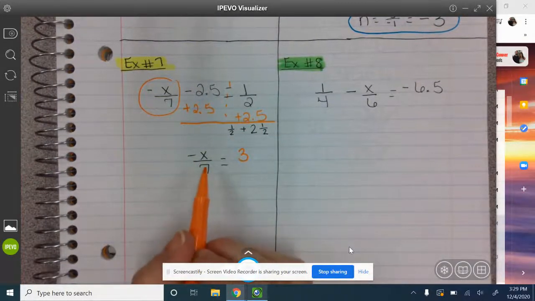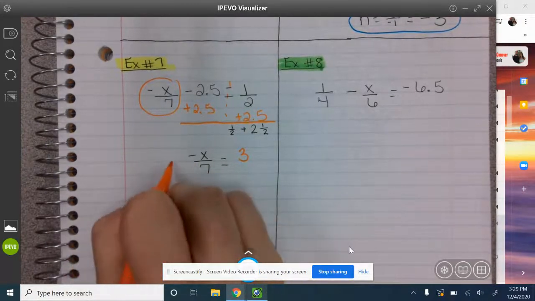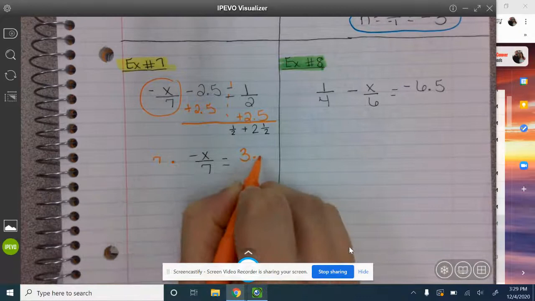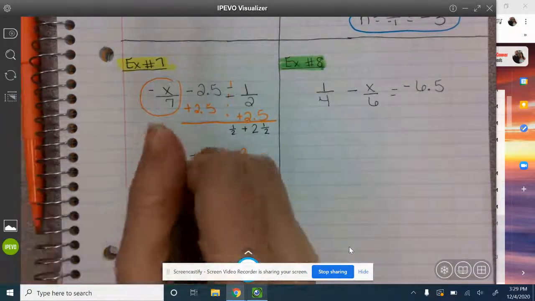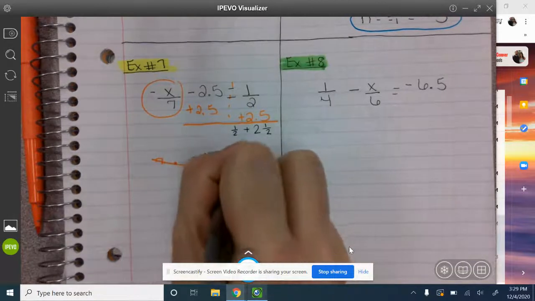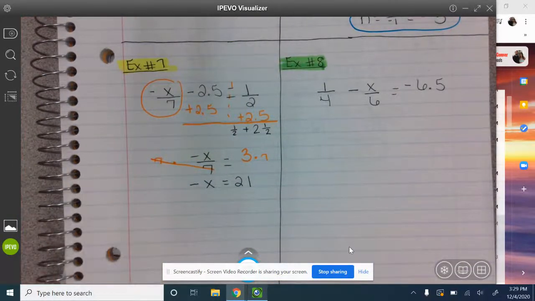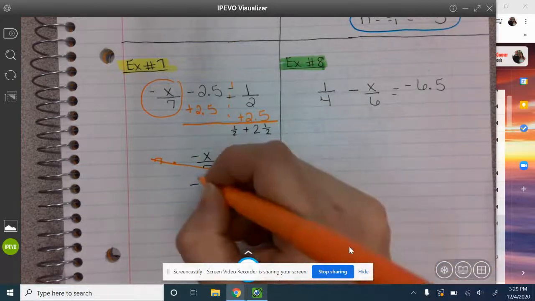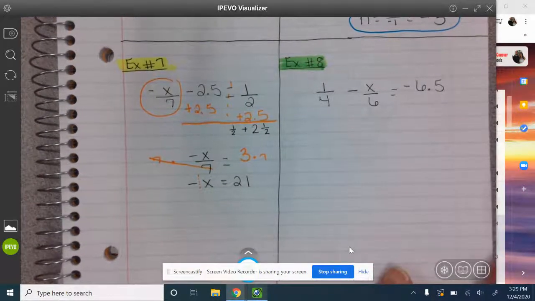Well, this 7 on the bottom is causing me an issue. So how do you undo dividing by 7? We're going to multiply by 7 on both sides. These cancel out, and I'm left with negative x equals 21. Now, just like we've talked about on other problems, there is an imaginary 1 between the negative sign and the variable if you don't see a number there.